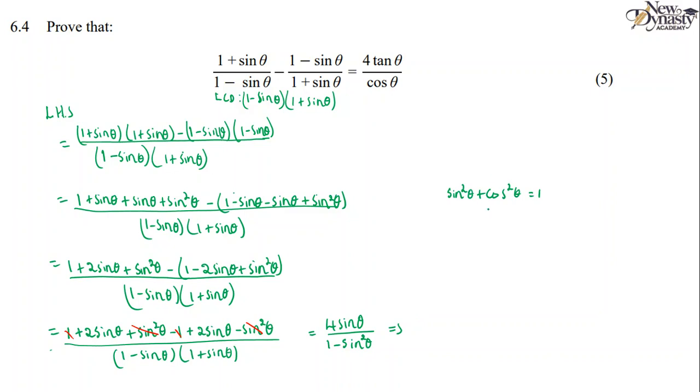So when you take 1 to the other side, we're going to have cos squared theta equals 1 minus sine squared theta. So 1 minus sine squared theta is equivalent to cos squared theta. So instead of that, in the denominator we have 1 minus sine squared theta. We're going to rewrite that as cos squared theta.